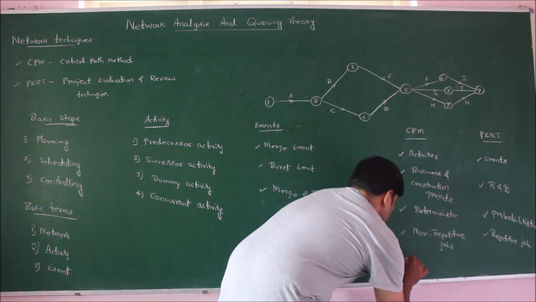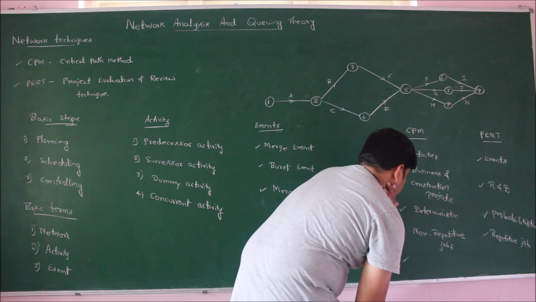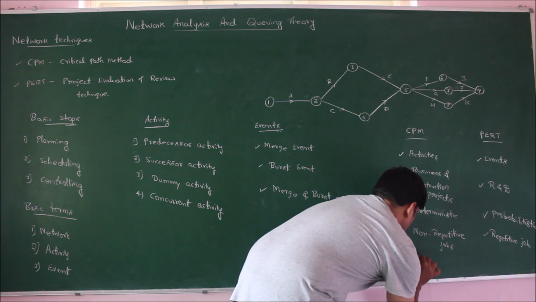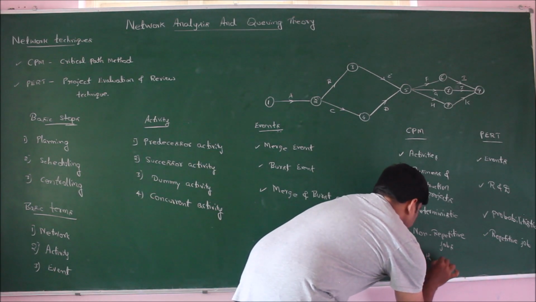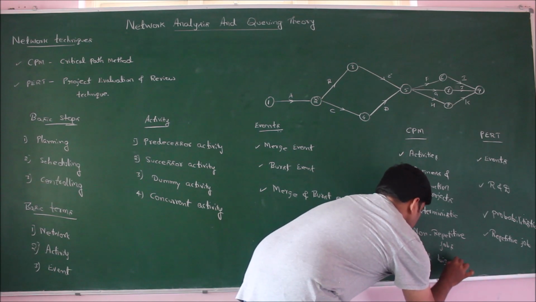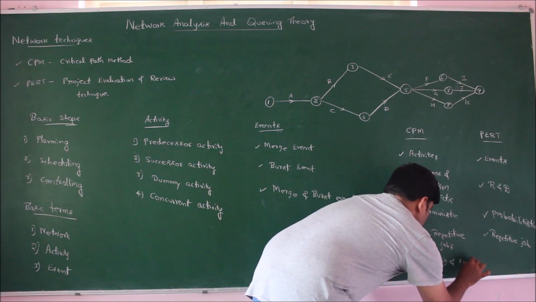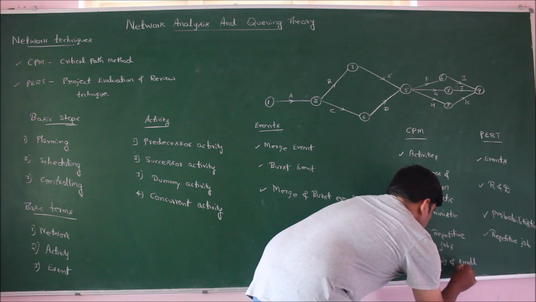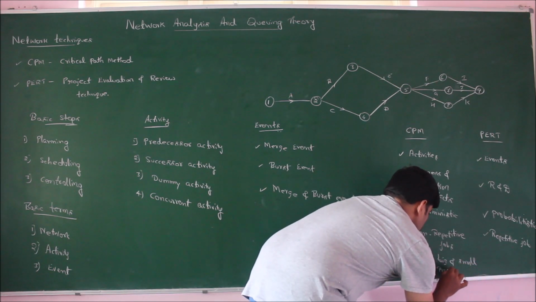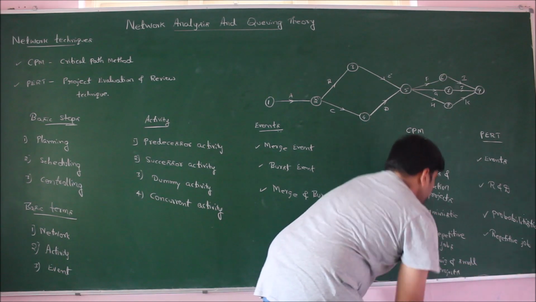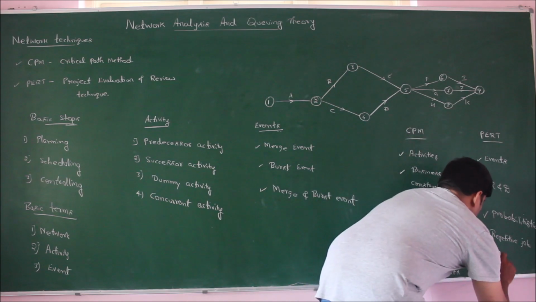Coming to the final difference which I stated, CPM is used for both big and small projects, preferably for small projects, whereas PERT is used for big projects.